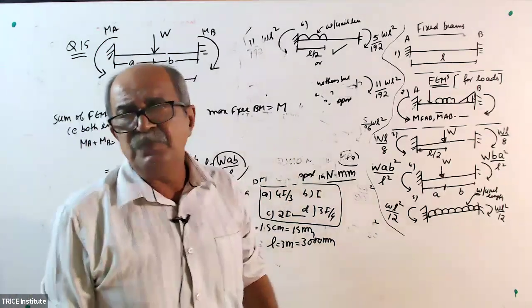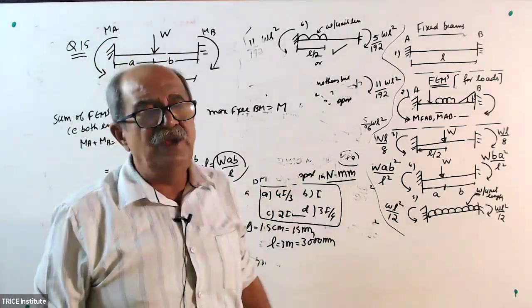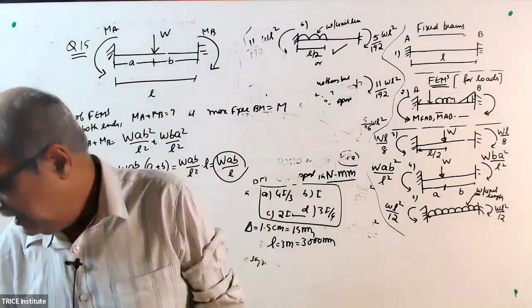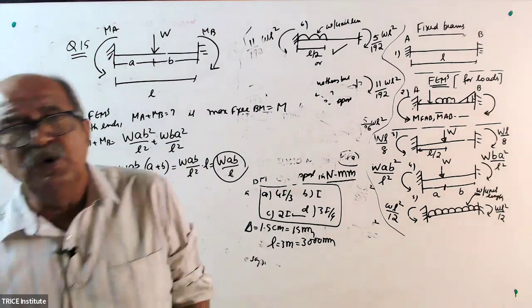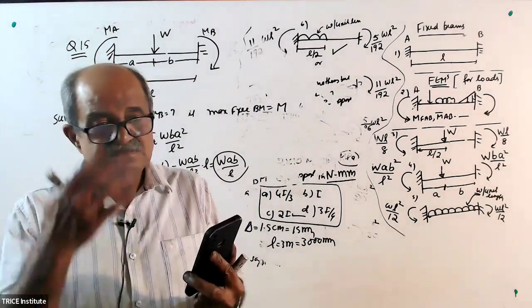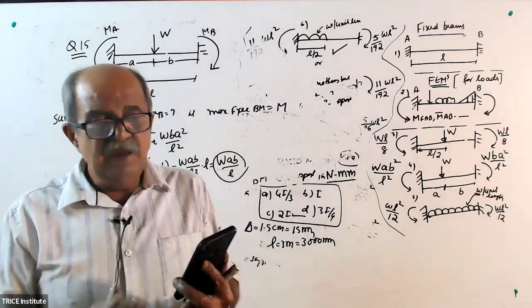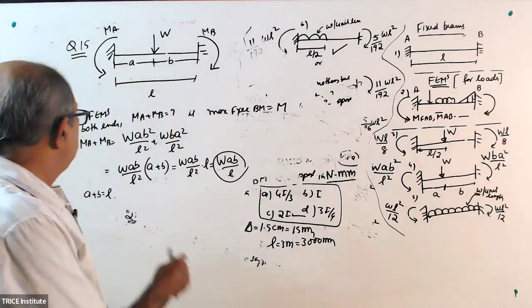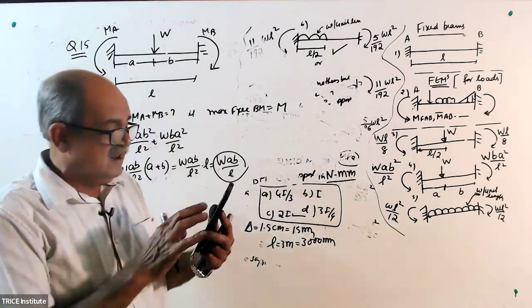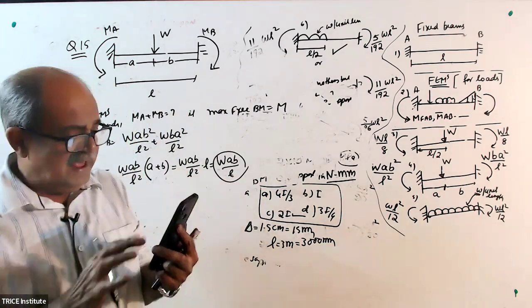If you add those two, WAB square by L square plus WA square B by L square, you get the answer WAB by L. You take WAB by L square outside, and A plus B is L. Is this step clear?